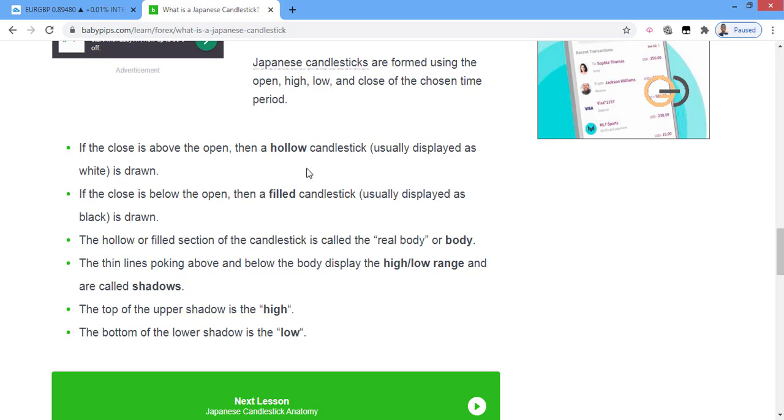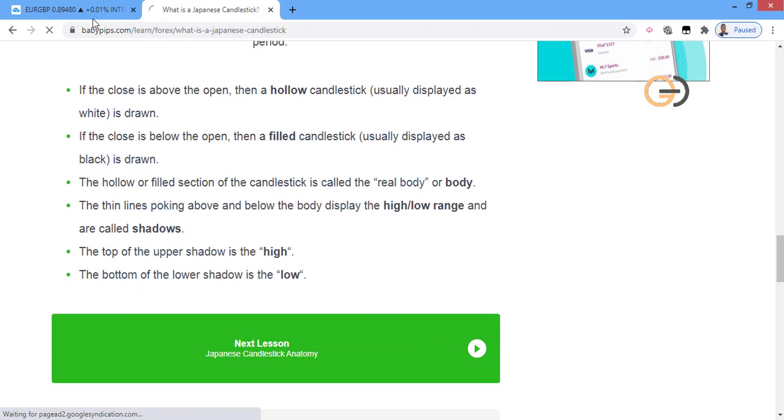If you close above the open, then a hollow candlestick, usually displayed as white, is drawn. If the close is below the open, then a filled candlestick, usually displayed as black, is drawn.